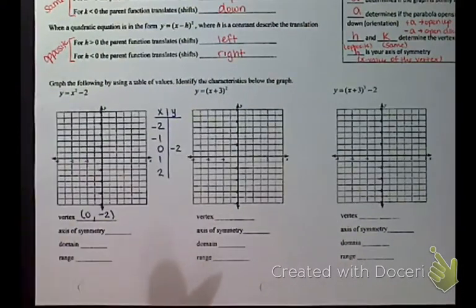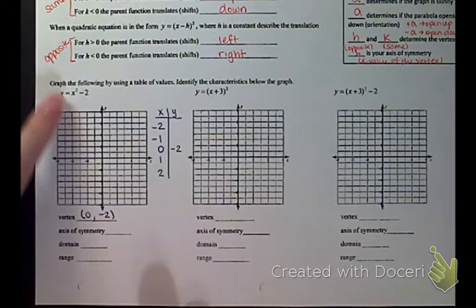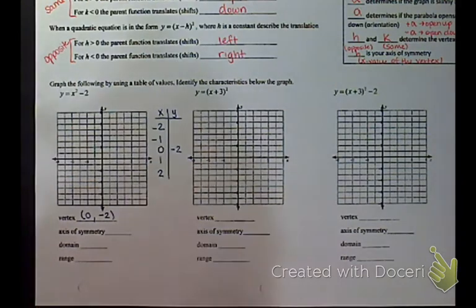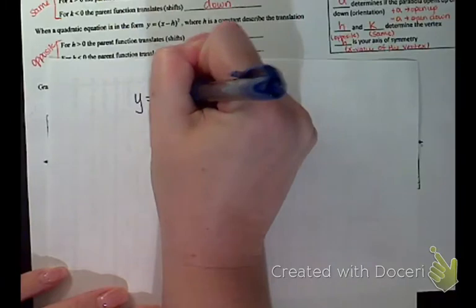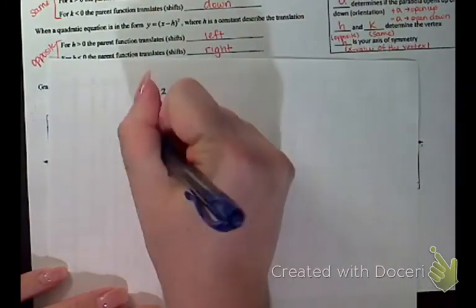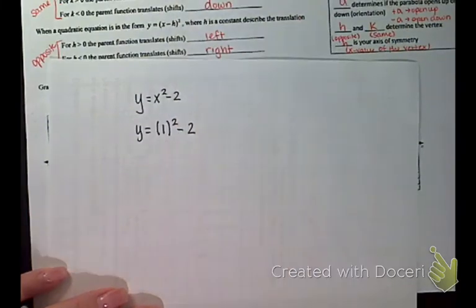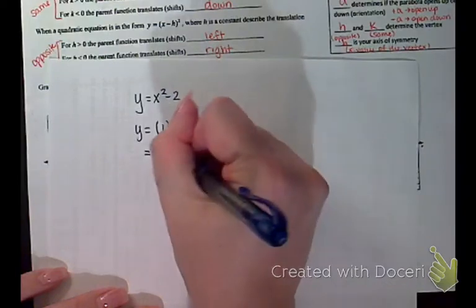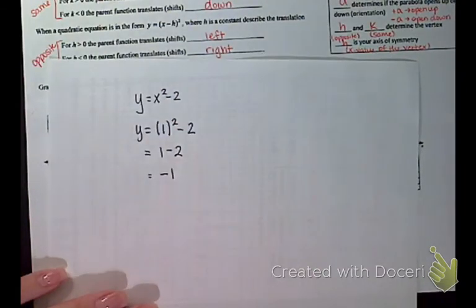So let's plug some things in. Let's plug in 1. I'm using y equals x squared minus 2, and I'm going to plug in 1. So y equals 1 squared minus 2. 1 squared is 1, minus 2 gives me -1.